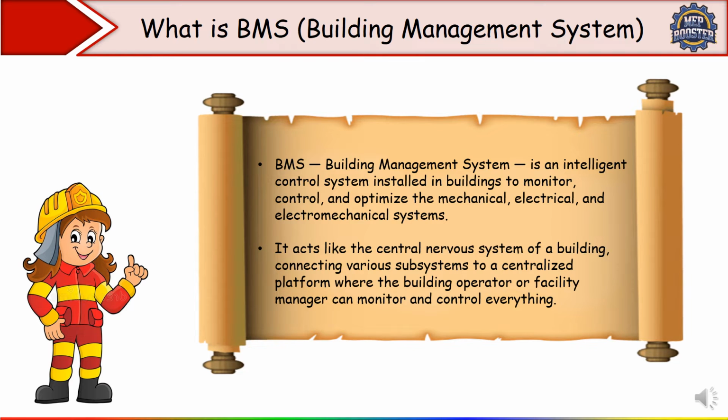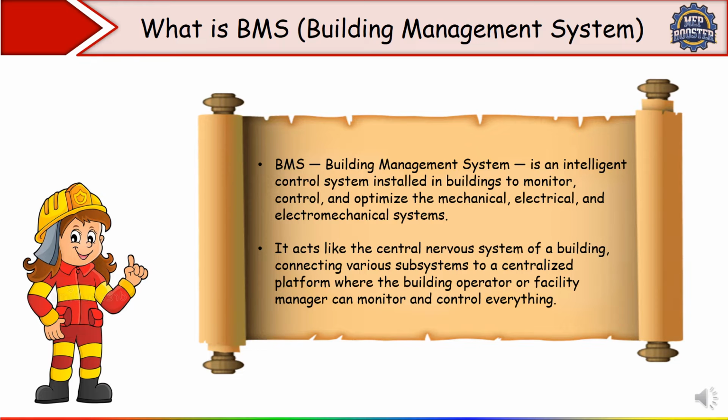In simple language, BMS is the brain of a building that helps all systems like AC, lighting, security and fire alarm work smartly, efficiently and safely from one central control room or software.